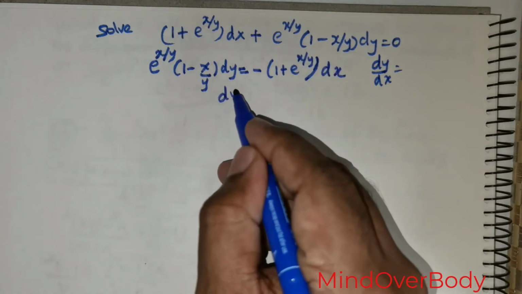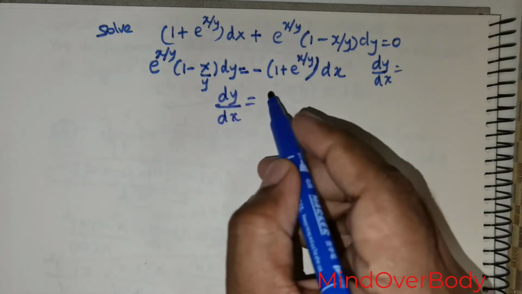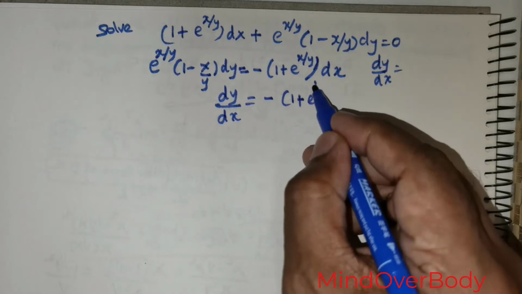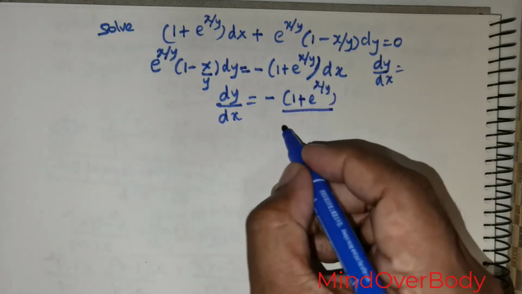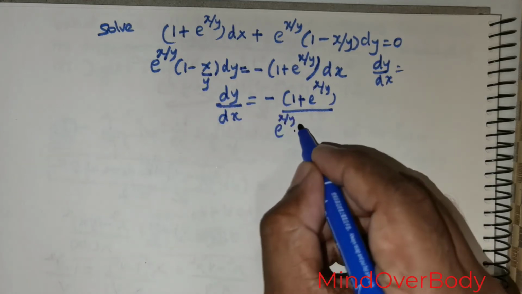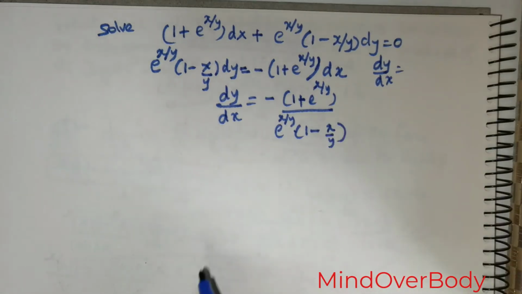If I move dx down, dy over dx is equal to negative of 1 positive e raised to the power of x over y, divided by e raised to the power of x over y times 1 negative x over y. So this is what we have got.